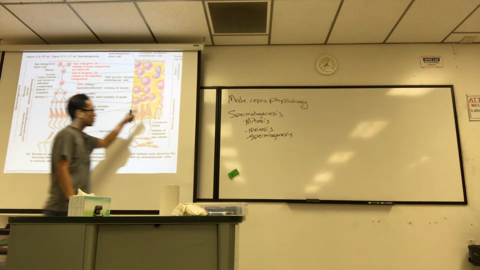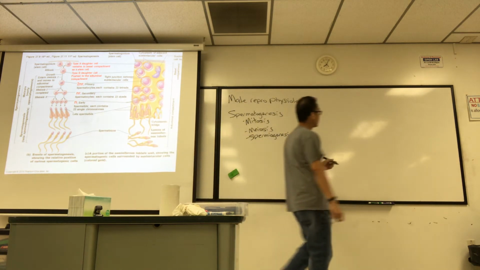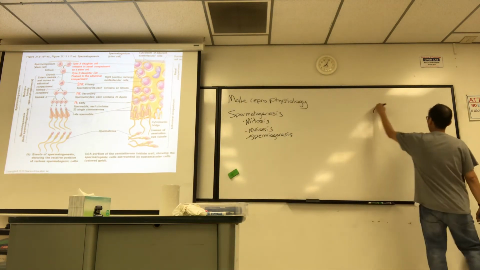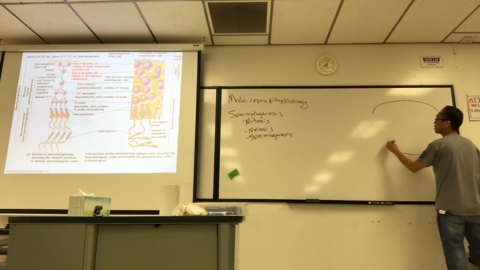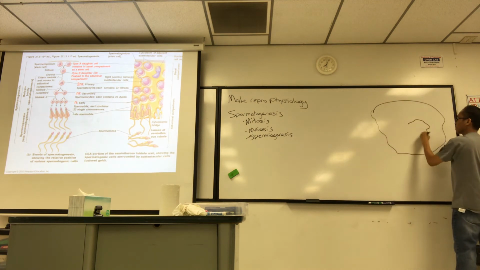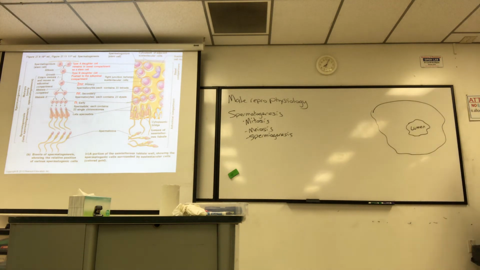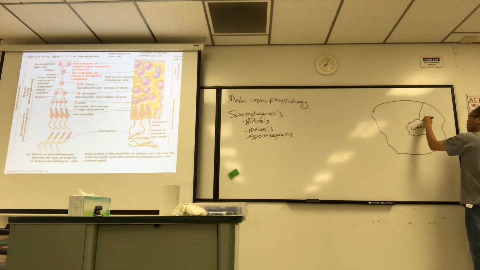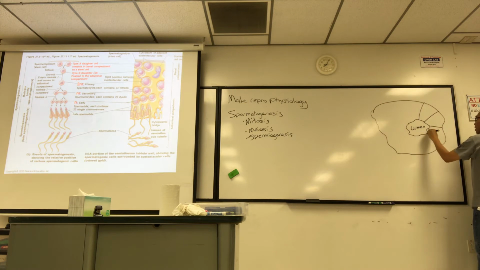So what you're looking at here, we looked at seminiferous tubule under the microscope. If I drew just one little cut tube, the lumen, that's where sperm swim away. All the development happens in this tube that has a simple columnar epithelium. I'll just draw it on half sheet there, simple columnar epithelium.